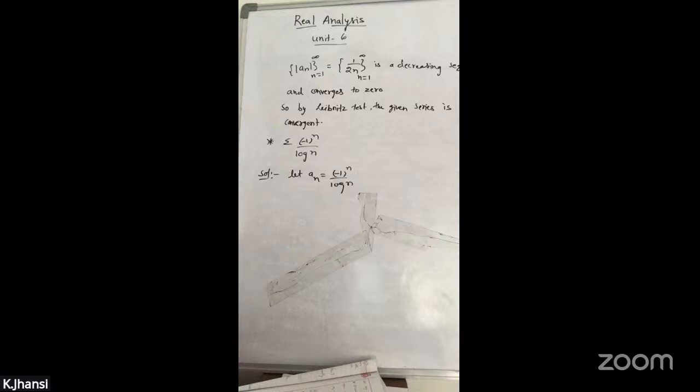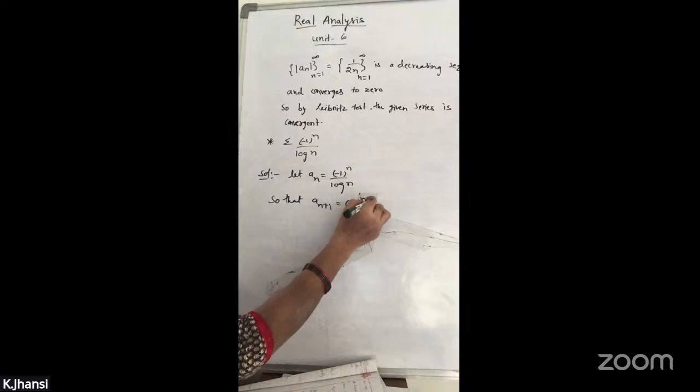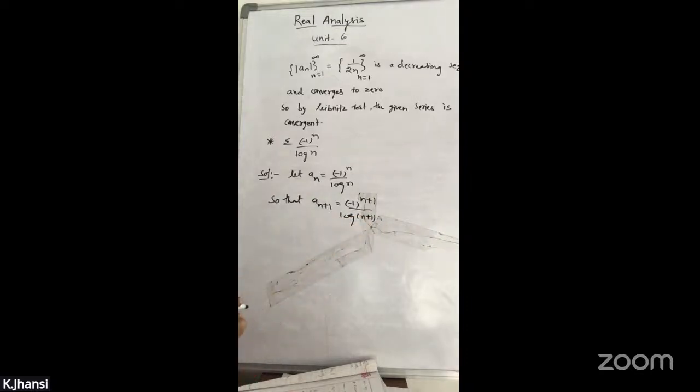Now an plus 1 is equal to minus 1 to the power of n plus 1 by log n plus 1. So 1 by log n plus 1 is less than 1 by log n.